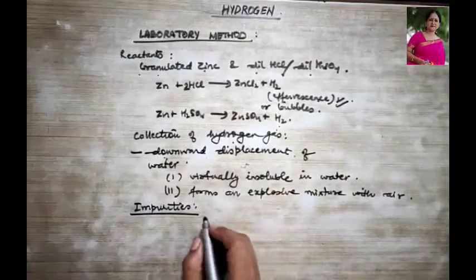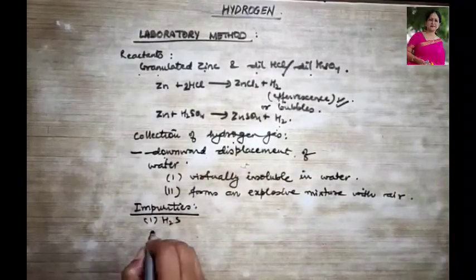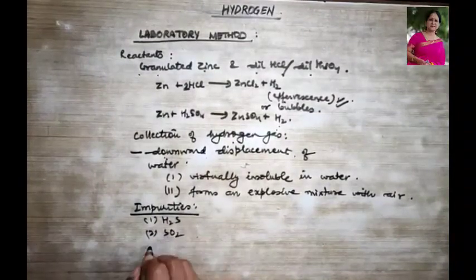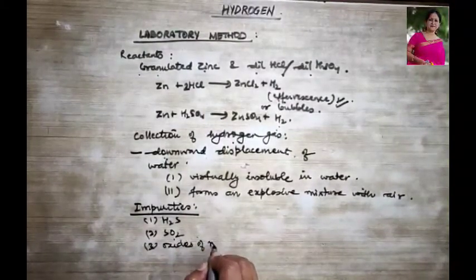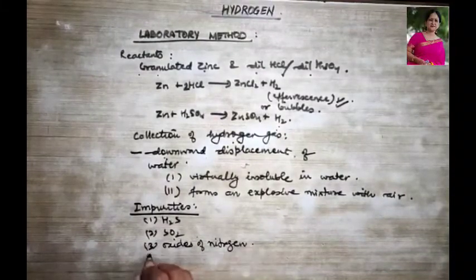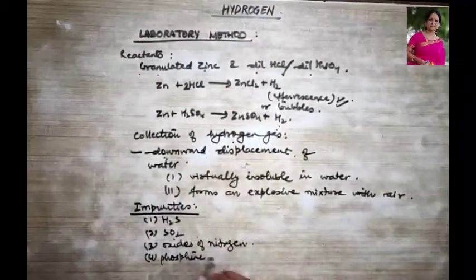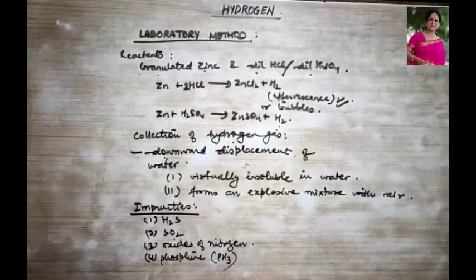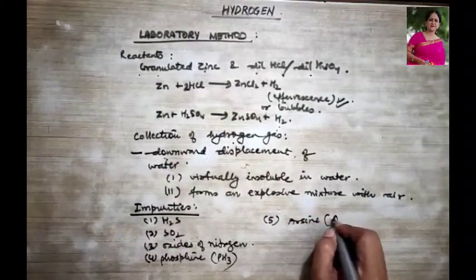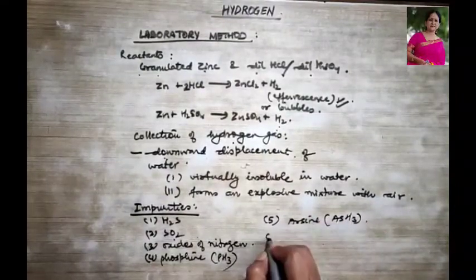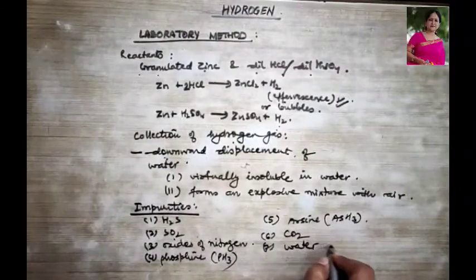Like for example, hydrogen sulfide, okay, then even sulfur dioxide, even oxides of nitrogen can be obtained, then even phosphine, the formula of phosphine is PH3, okay, then the fifth one is arsine, that is AsH3, then carbon dioxide and even water vapor.